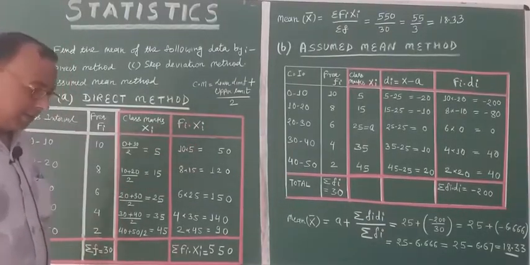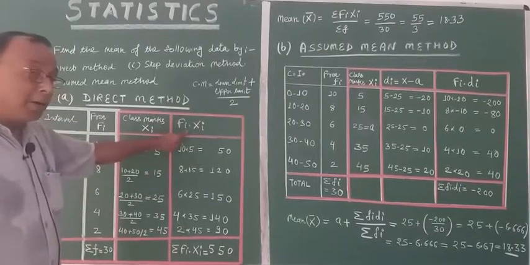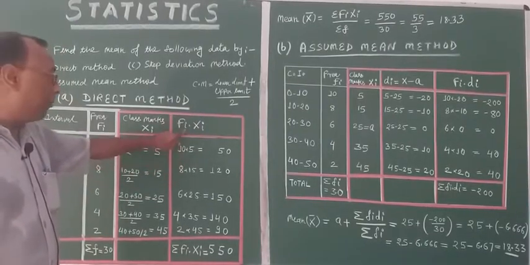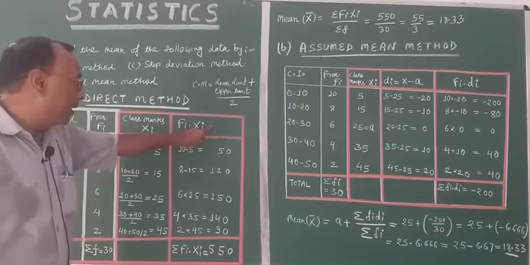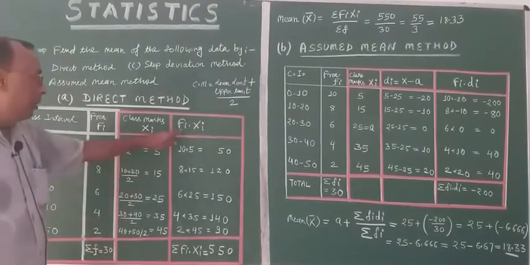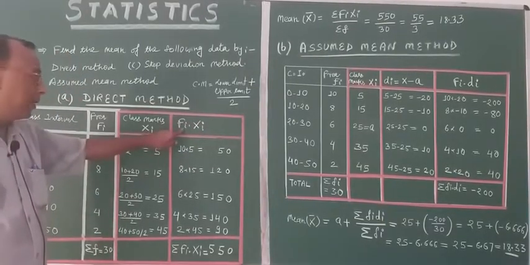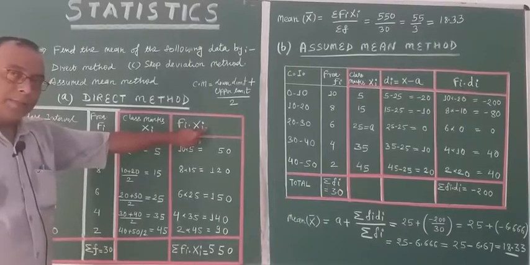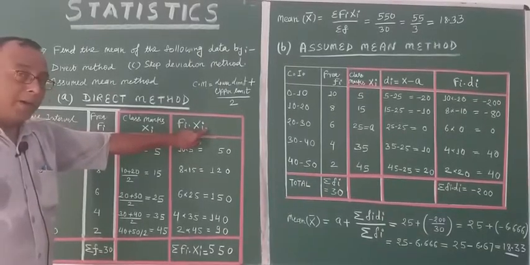fi xi, यानी अगर मैं i को 1 लूंगा तो क्या करूंगा? f1 multiplied with x1. f1 means frequency of first class interval, x1 is class mark of first class interval.